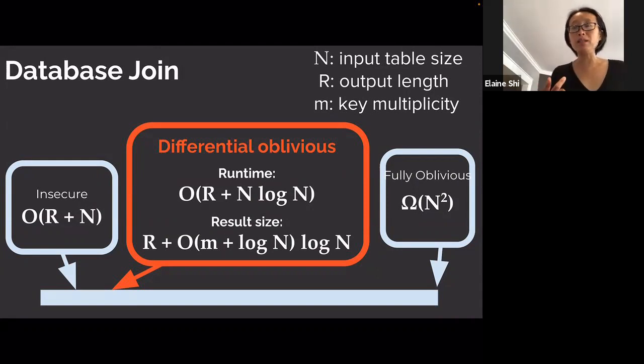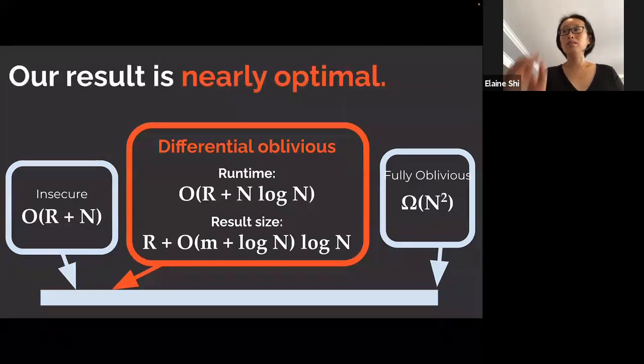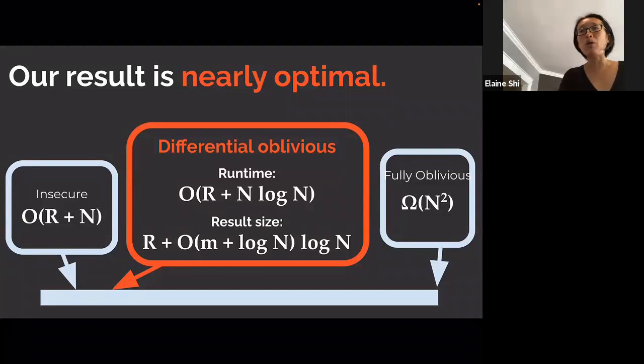So again, M is the frequency of the most frequent key that appears in the input. We also prove a lower bound, essentially showing our upper bounds are nearly optimal in some sense. I won't go into the formal statement of the lower bound because I want to focus on the upper bound in this talk.